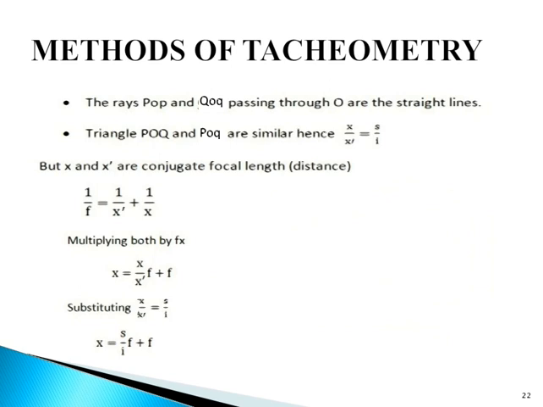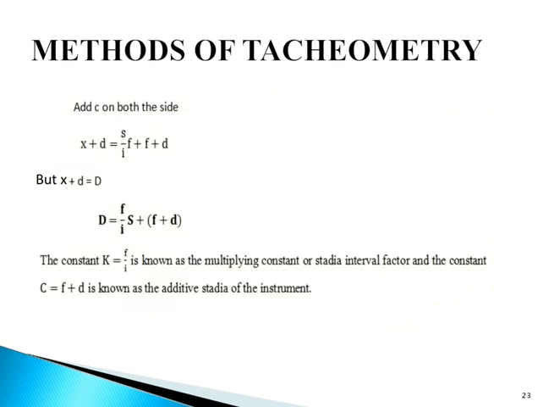So substituting the value of x divided by x dash is equal to s upon i, the equation will be x is equal to s upon i into f plus f. If we add small d on both sides, x plus d is equal to s upon i into f plus d, but x plus small d is equal to capital D. So the equation will be capital D is equal to f upon i into s plus (small f plus small d).